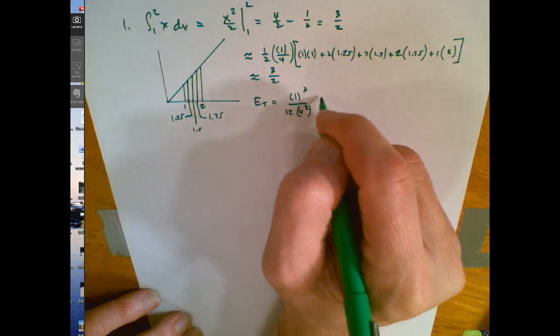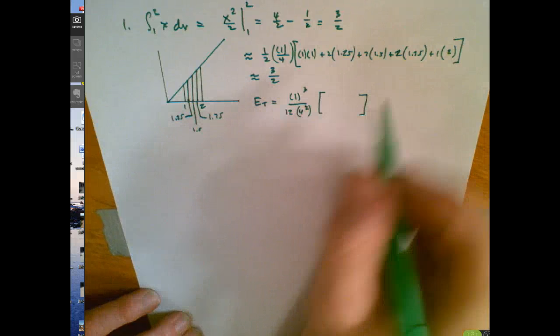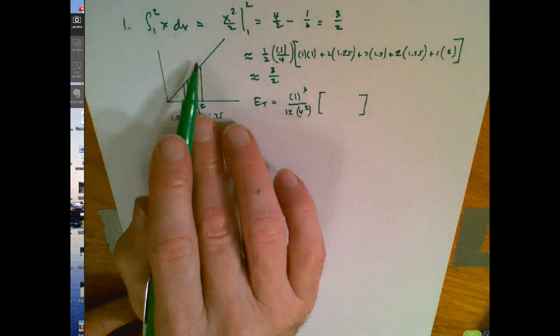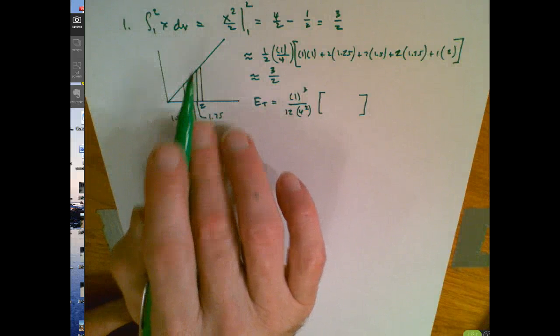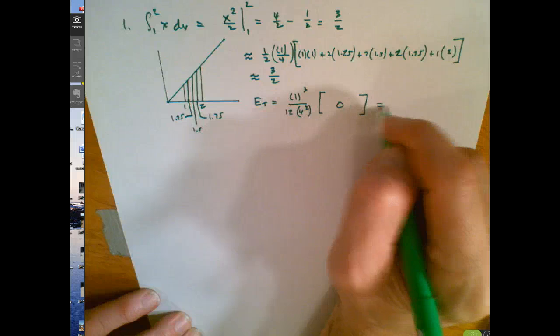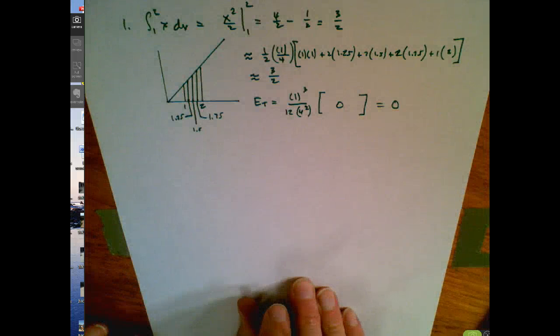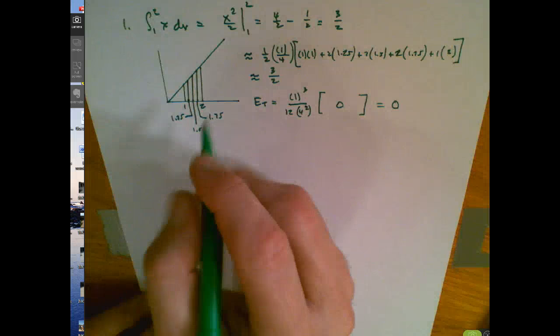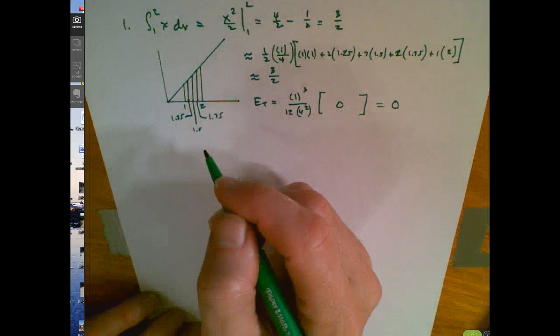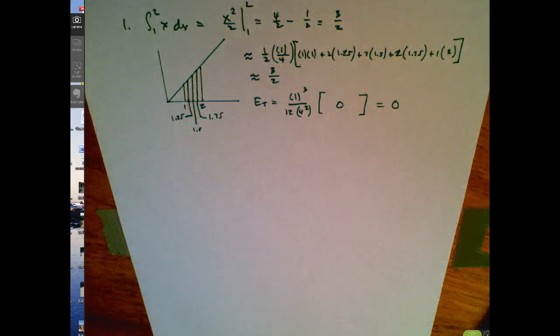And then finally, it would be the max value of the second derivative. Well, the second derivative of my function is 0. So you notice my error in this case is going to be 0. If the second derivative is 0, it knows it's a line. So therefore, there's no error there. So therefore, my percent error is going to be 0. Okay?